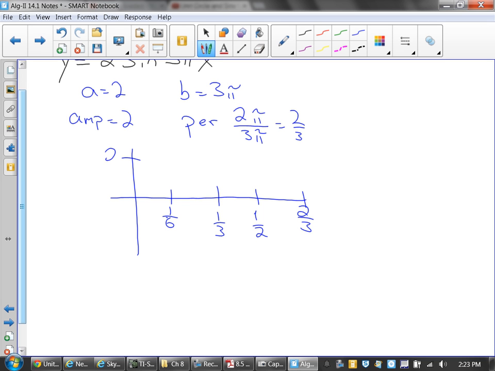My amplitude is at 2. One of the nice things when you're working with these weird fractions is that once you get between 0 and your midpoint, you know it's 1/6. Think about that next one as 2/6, 3/6, 4/6. Work through it that way.